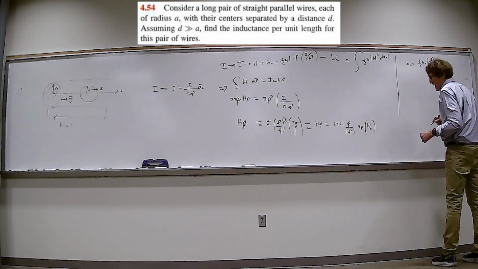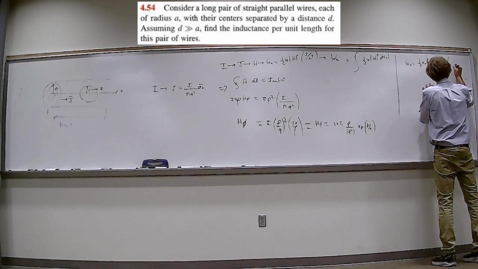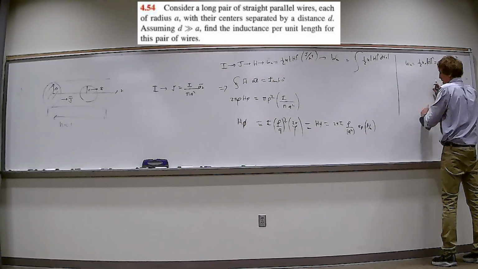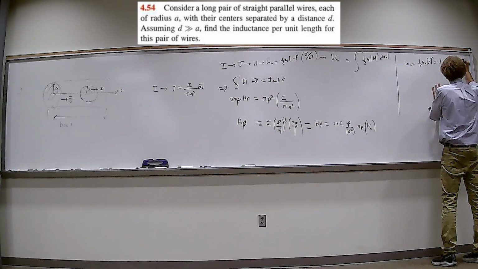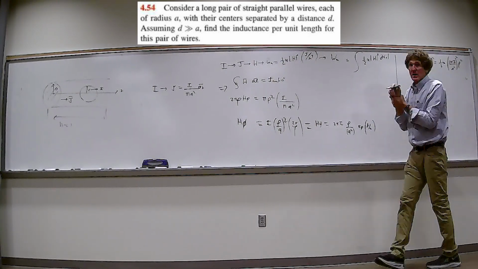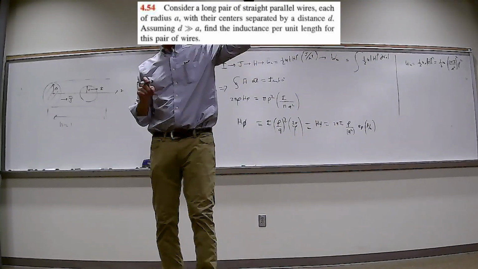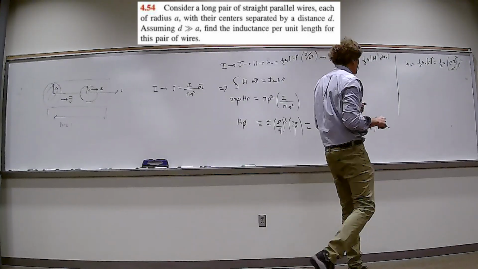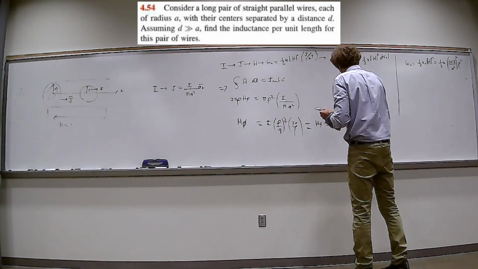You get I over 2 pi a squared, squared, and then you're going to have rho squared. Can everybody follow me? I'm just going through the format. How many see this right? That's the energy density. You'll notice it's proportional to rho squared.